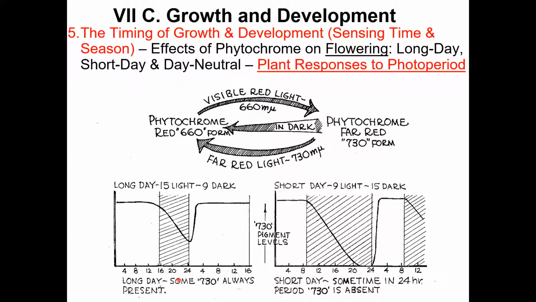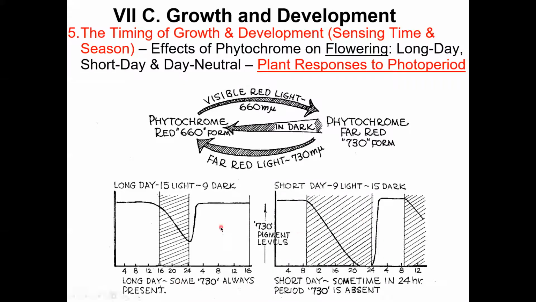And here's the important part: in darkness, the far red form of phytochrome, 730, reverts to phytochrome 660. And I alluded to this earlier, that though they're called long and short day plants, the critical period for this phenomenon is in the darkness of the night.